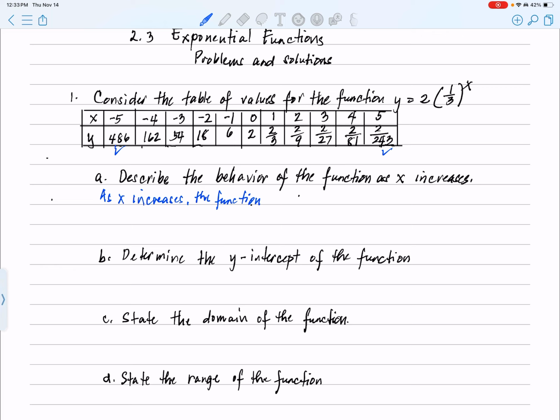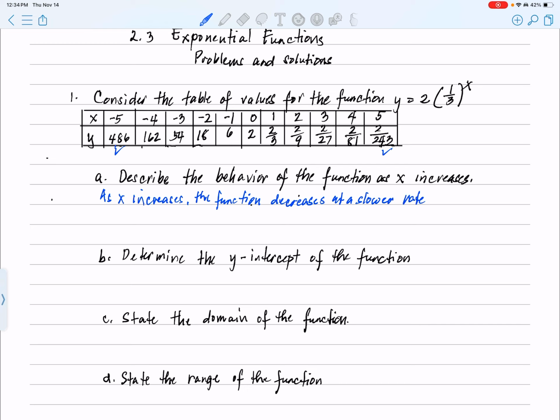How does it decrease? Did it decrease fast? I think at a slower and slower rate.